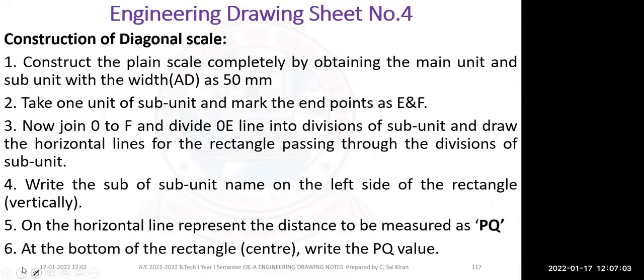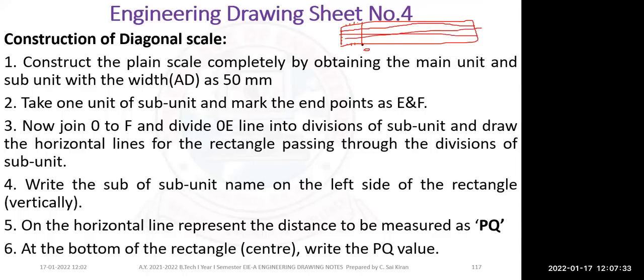So this is a complete explanation. What we are doing is, this is my scale. This is my first division, 0. Then I'm dividing all the points. Don't draw the vertical lines in this scale. Next, I have to divide this into 10 equal parts. Then I have to draw all the horizontal lines.